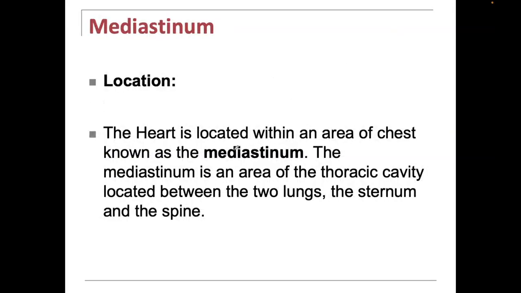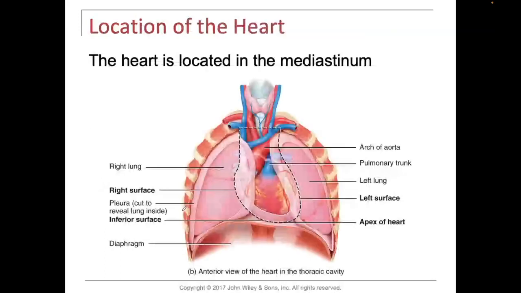That exact location is what we refer to as the mediastinum. It is that space that's between the two lungs, between the sternum and the spine, specifically behind the sternum and anterior to the spine.